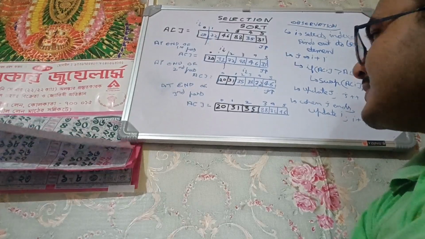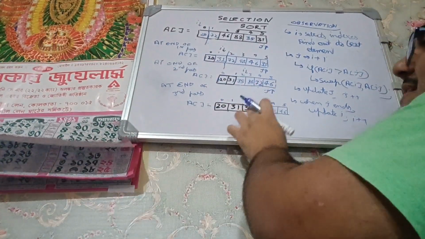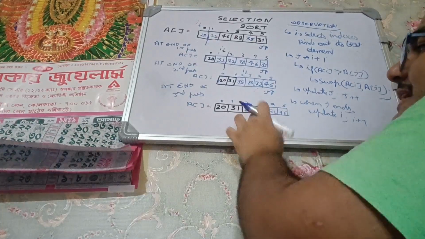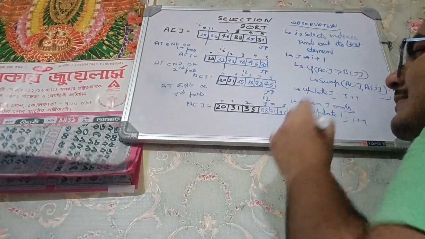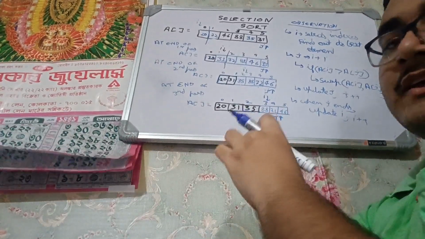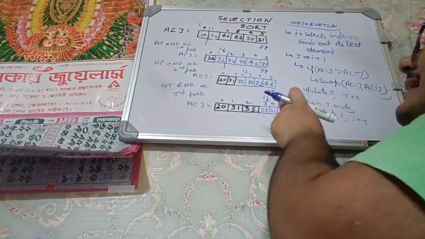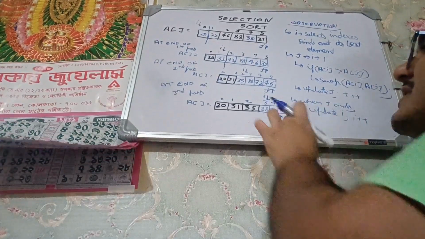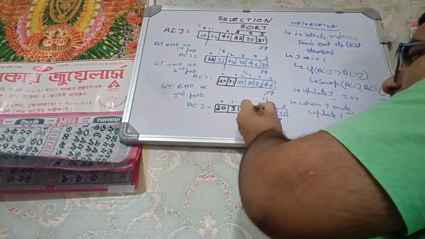Now, again if you see, these elements will be ignored because they have already been sorted. I starts from here, J starts from here. Is 88 greater than 72? Is A of I 88 greater than A of J? Yes, so swap them. 72.